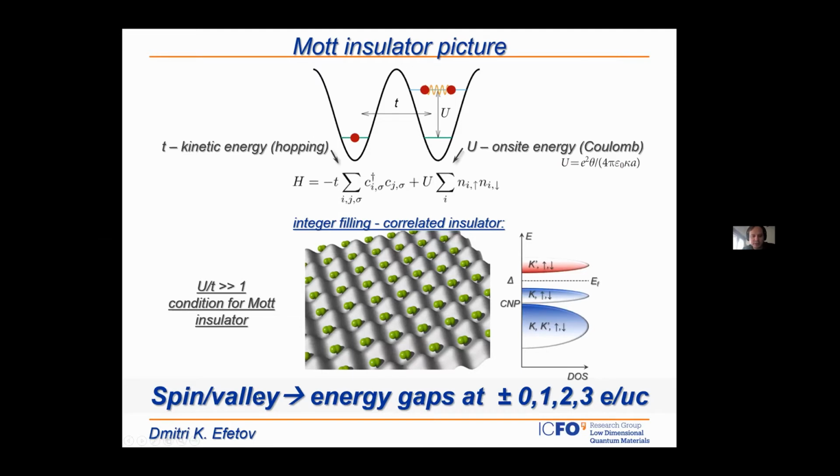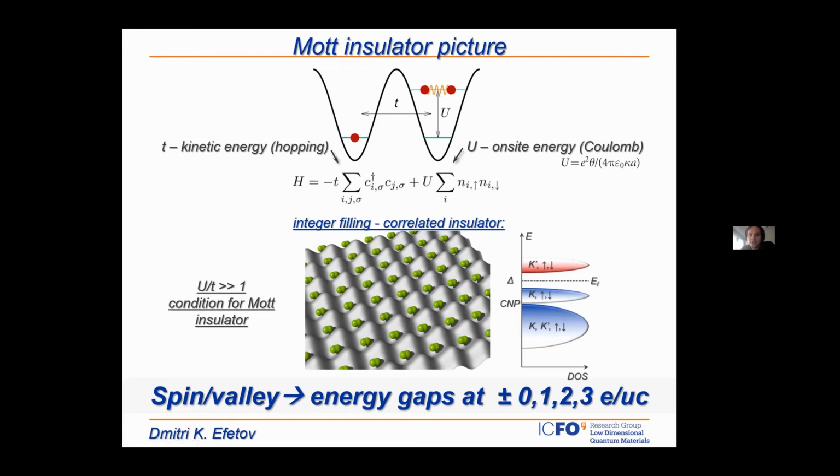As we'll later show in more detail, since we have spin and valley degeneracy in the system, and we basically have SU(4) symmetry of the flavors, we can form different gaps at 0, 1, 2, and 3 electrons per unit cell. As this picture already hints, every time we form one of those gaps, some symmetries must be broken.